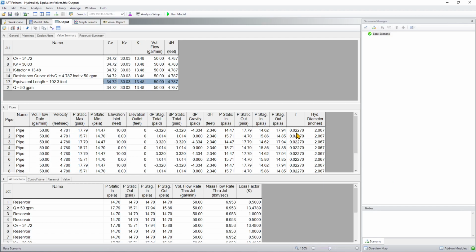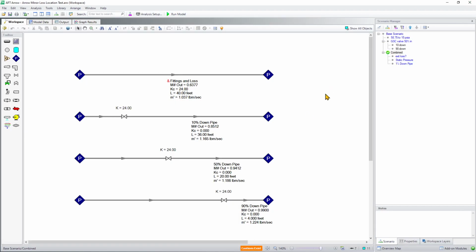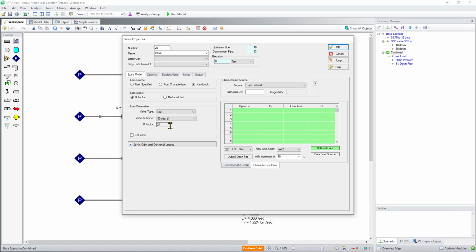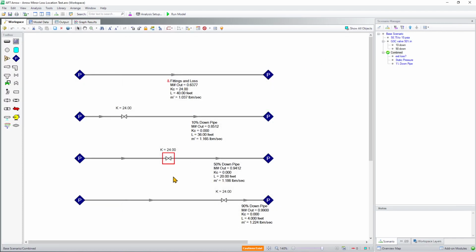Let's go look at an Aero model. We have this Aero model right here where I took this valve, found out the K is about 24 for it, and then I placed it either 10% down the pipe, so if this is a 40-foot pipe, pretty decent size pipe for if you're trying to do some sort of blowdown procedure.